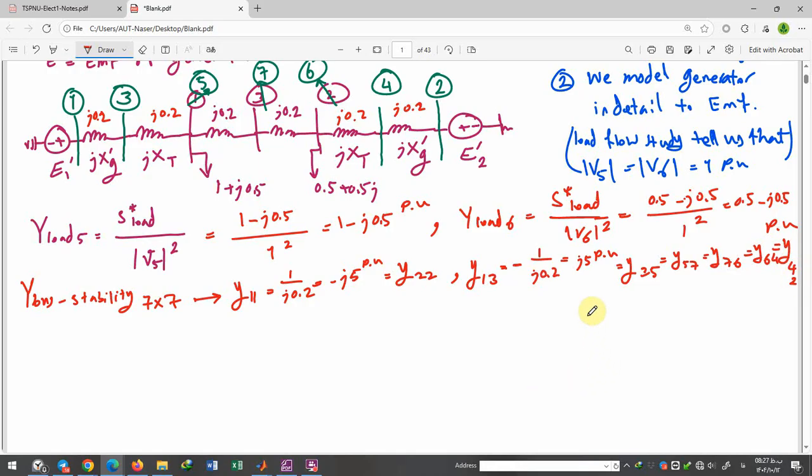Please pay attention that the Y bus in stability is a symmetrical matrix, and for example Y35 is equal to Y53.